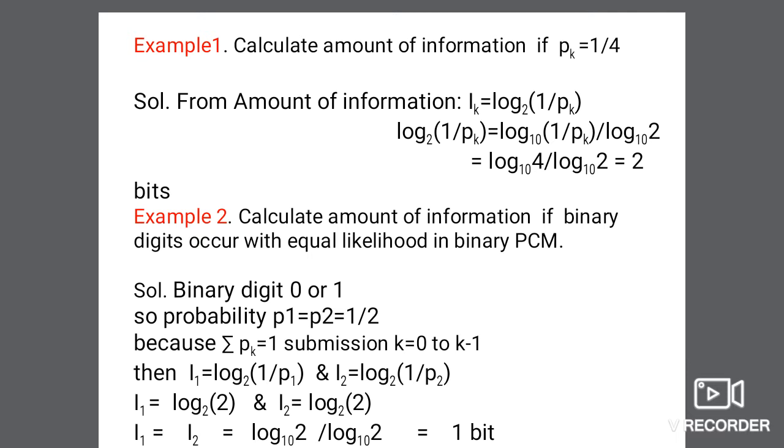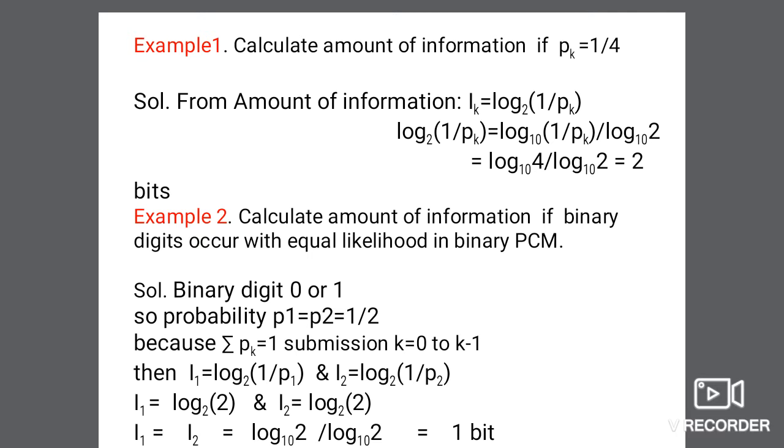Put these values: log base 10 of 4 upon log base 10 of 2 is equal to 2 bits. Means if the probability of sending a message is 1 upon 4, 2 bits are required for sending the message.